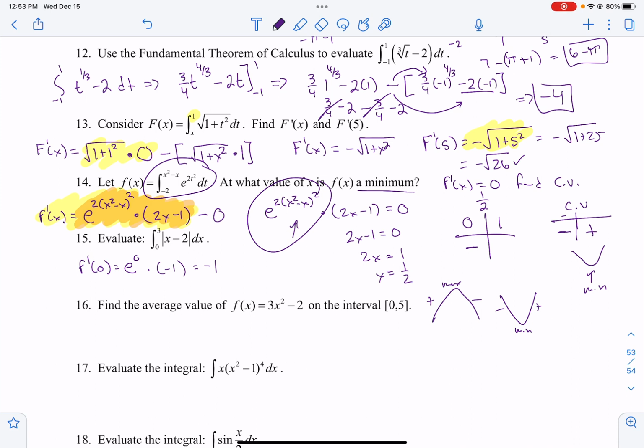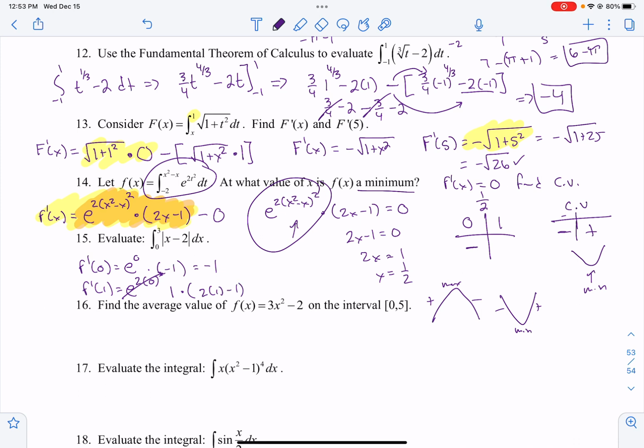Now let's double check to see if after 1/2 it starts going back up. So if I plug in a 1 to this function, f prime of 1, e to the 2 times 1 minus 1 is going to become 0, so that whole top is going to become 0. So this whole thing is just going to become 1, times 2 times 1 minus 1.